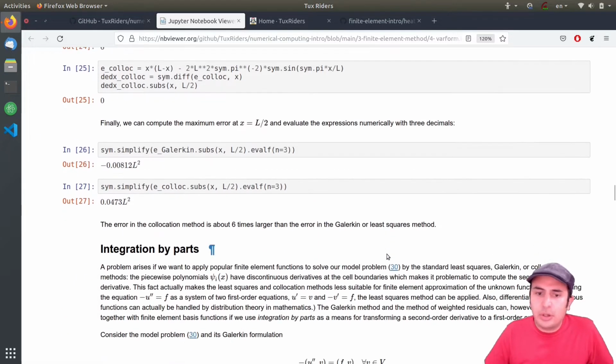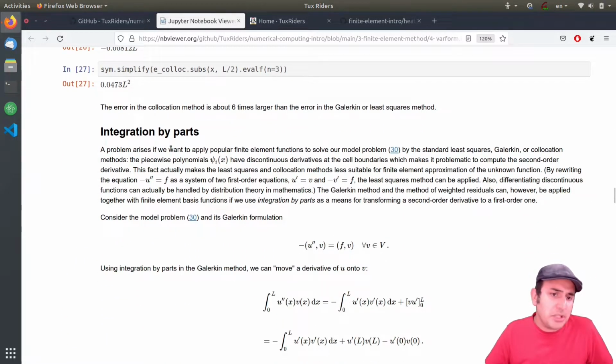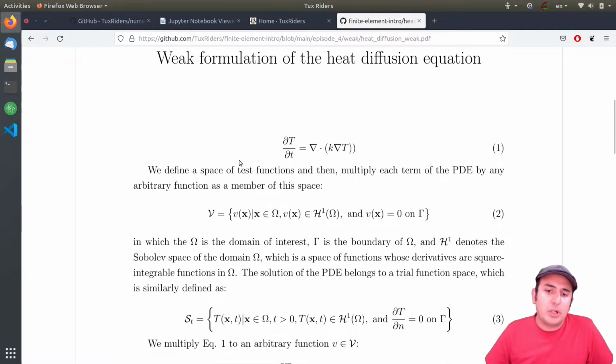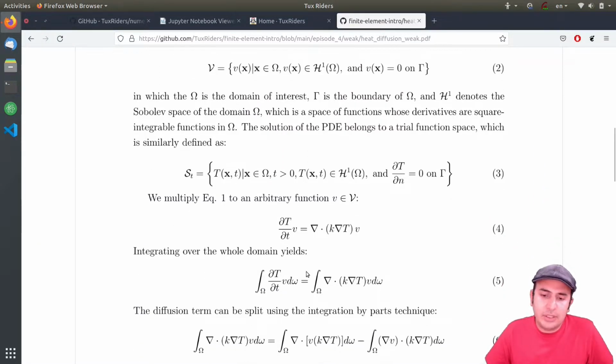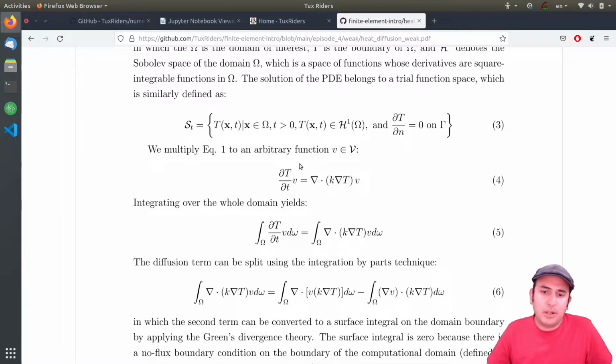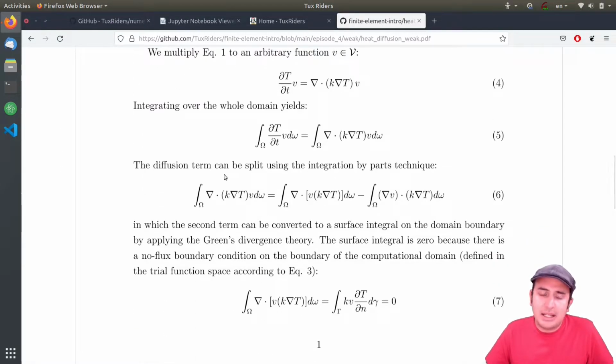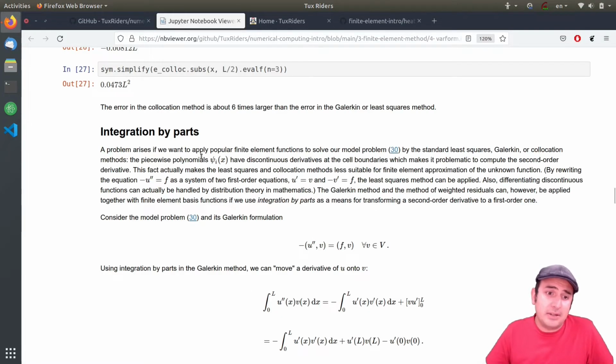So then it starts to compare, and then it comes here, a very important concept, the integration by parts. If you remember from this file, it was also here that we start to integrate things. This is like applying the basis functions, so multiplying the basis functions to the equations, and then we integrate it, and then it was written here that we need to split it by integration by parts, and here is the reason. The reason is that the piecewise polynomial functions do not have a continuous derivative at the cell boundaries.